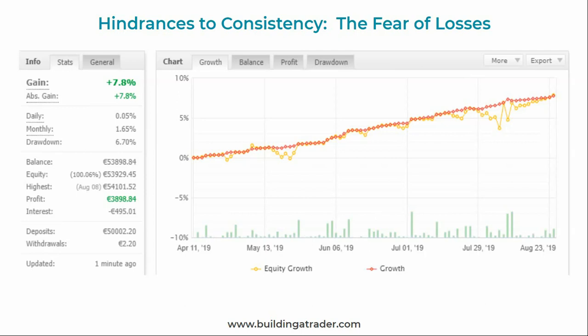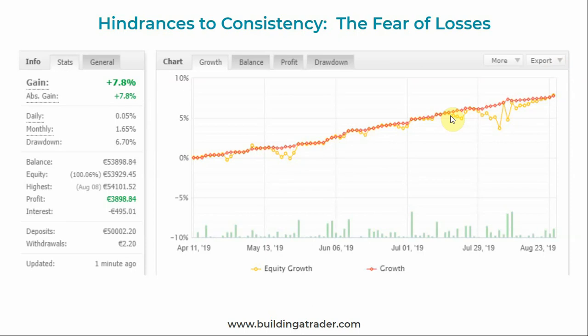But if you look under the hood of these high win rate systems, they're running a negative skew strategy because they're frequently holding on to losses. While they're trying to get those minuscule profits, they hold on to losses which are much, much bigger than their profits.